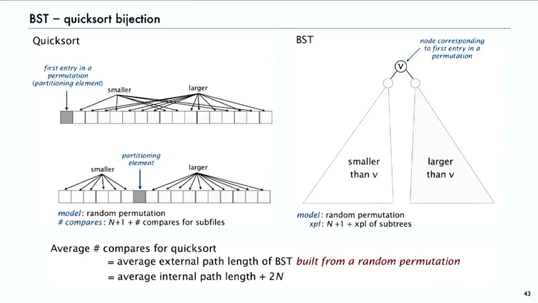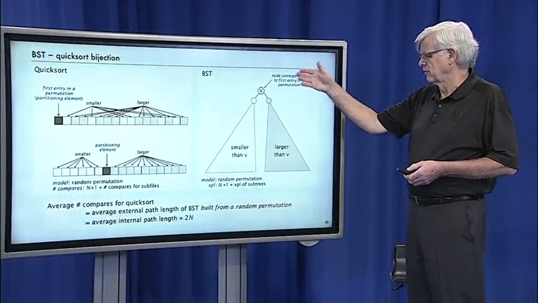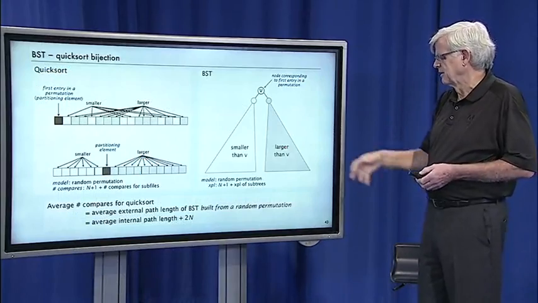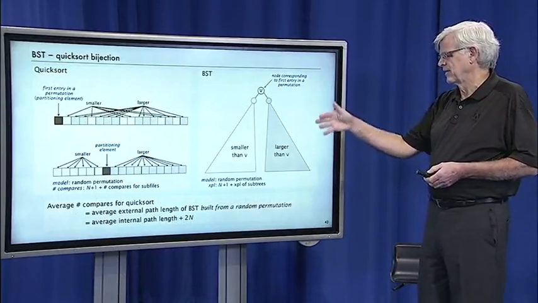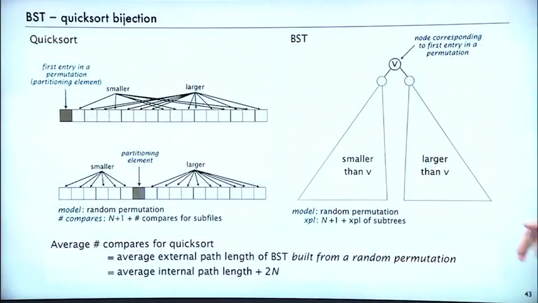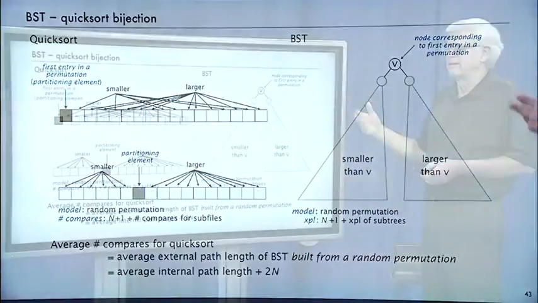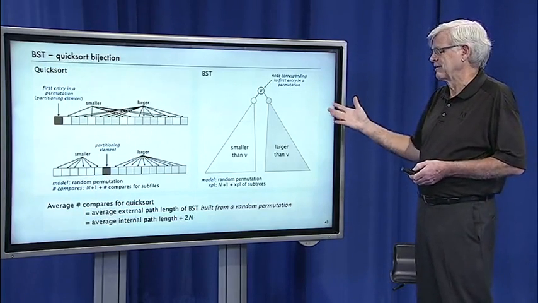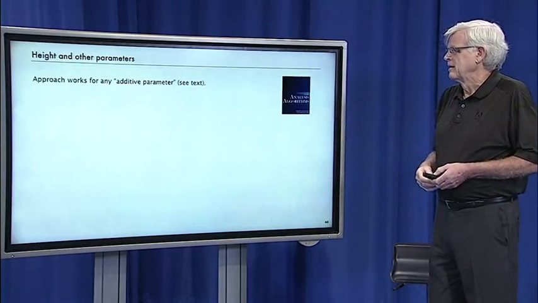And then after the partitioning, you do them independently. And that's pretty much the same in a binary search tree. The first one is the root, and then you do the left and right independently. So you can show that the average number of compares for quicksort is exactly the average external path length of a BST built from a random permutation. And that's an interesting bijection to know and to take advantage of.